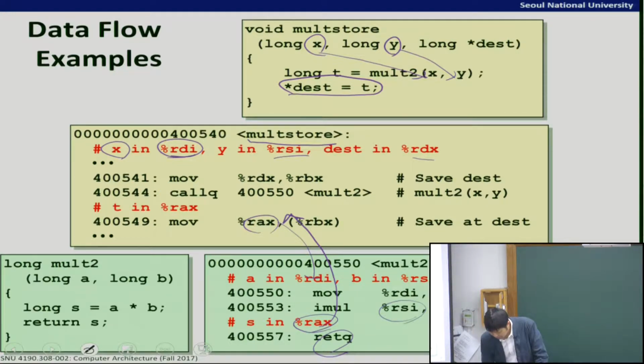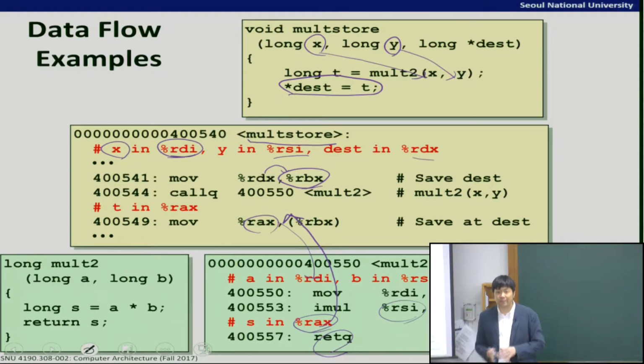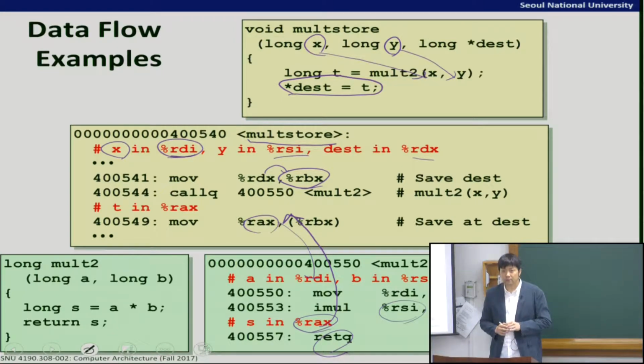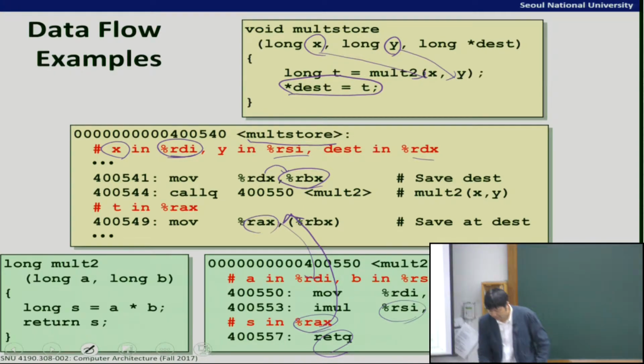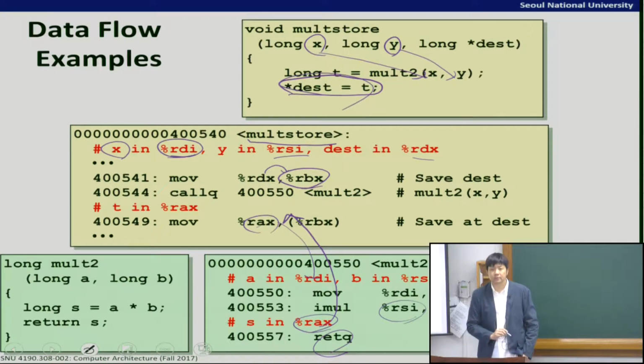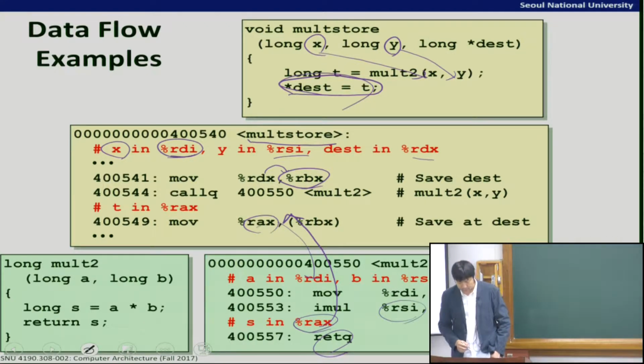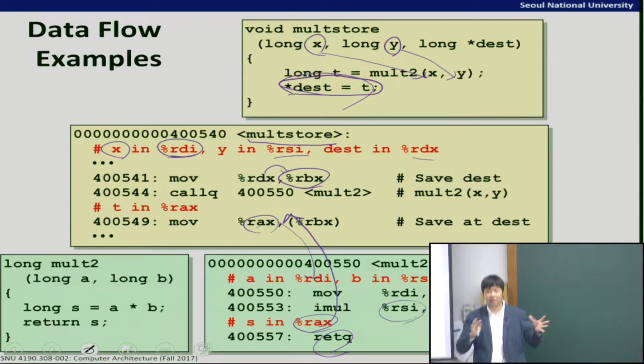By the way, this RBX register holds the value of the RDX register, which is the pointer for dest. So this saves the value into the dest location, and then you return. Right? So that's how you pass arguments and the return value between caller and callee.